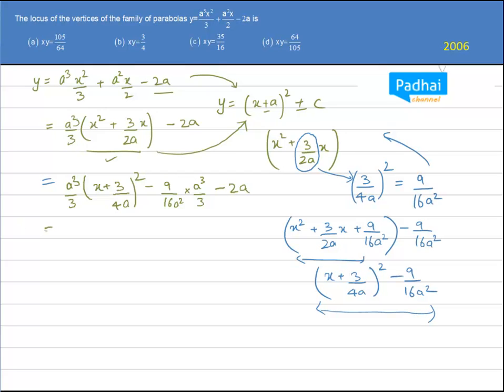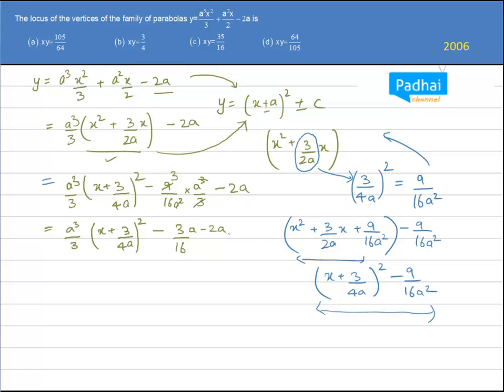This will be a cube by 3 times x plus 3 by 4a square, and this will be cancelled out by 3, and this will be left only with a above. So this will be 3 by 16a minus 2a.